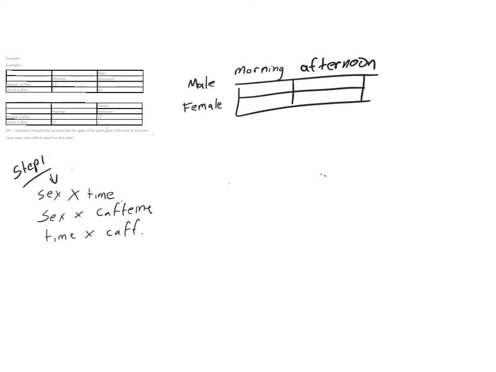Right, so I've recreated a new table that only has these two IVs. Okay, it doesn't matter where you put them. Here, I put the sex IV here, and I put time here. You could flip it. It doesn't matter how you do it, but you just have to be careful that you're getting the right numbers. Okay.